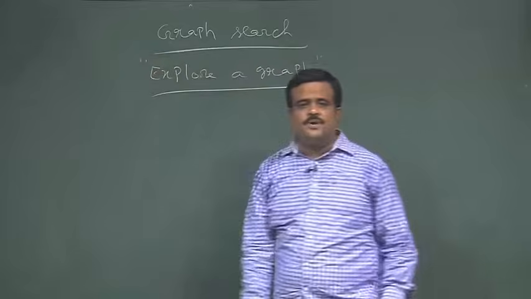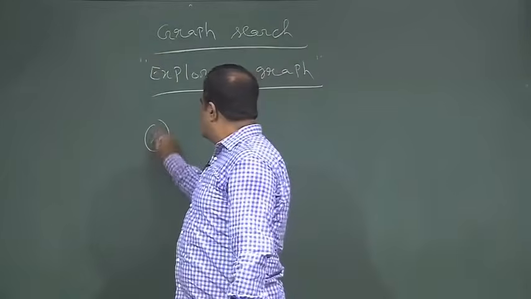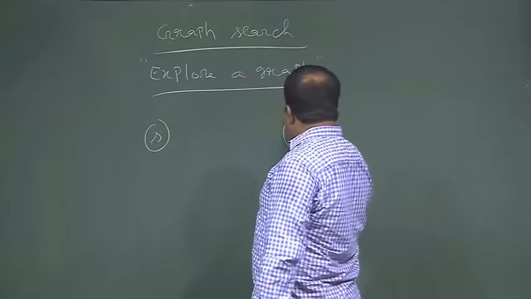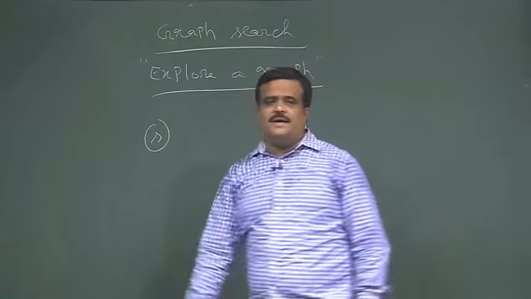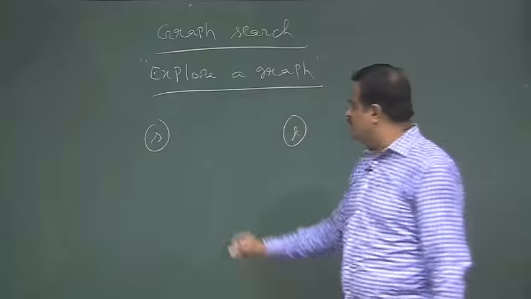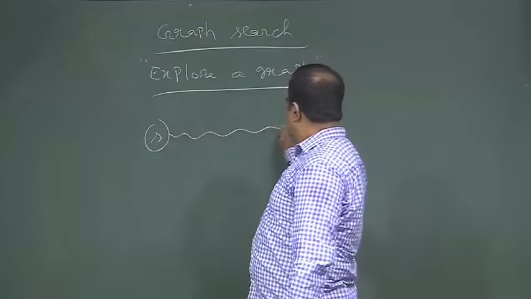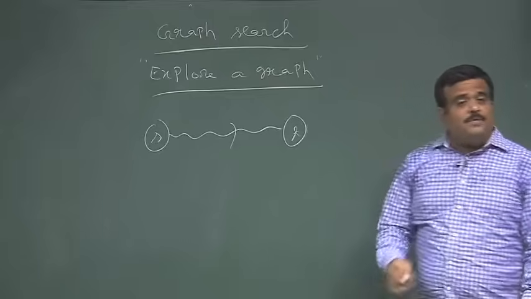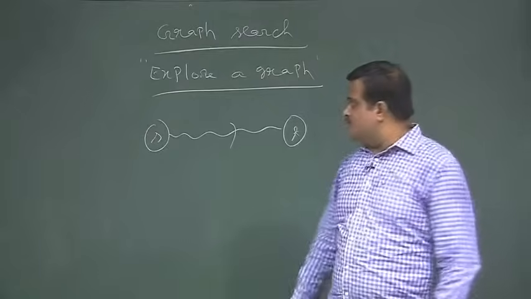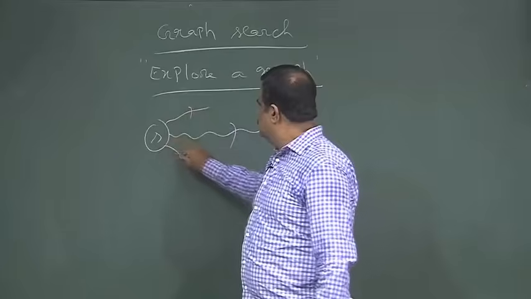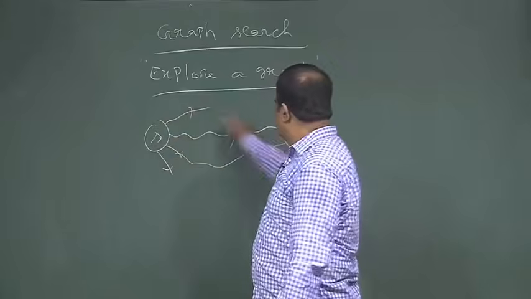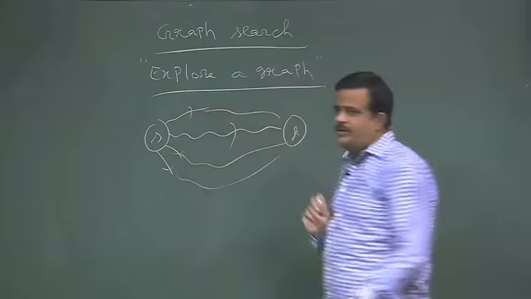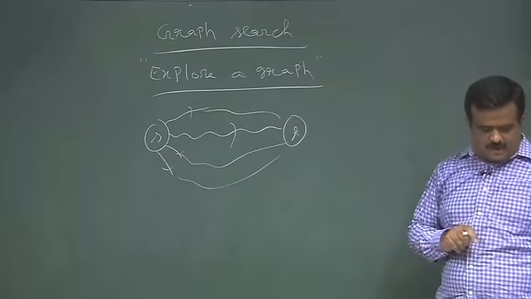Suppose we have a source vertex S, and we have another vertex T. We want to find a path from S to T. That is one way of exploring a graph. Maybe we want to find all the paths from S to T. This is another way to explore a graph.